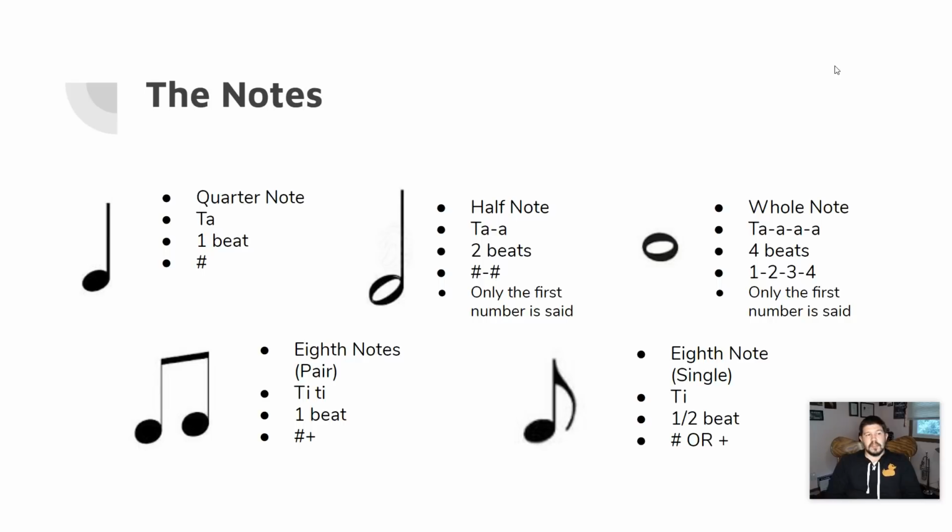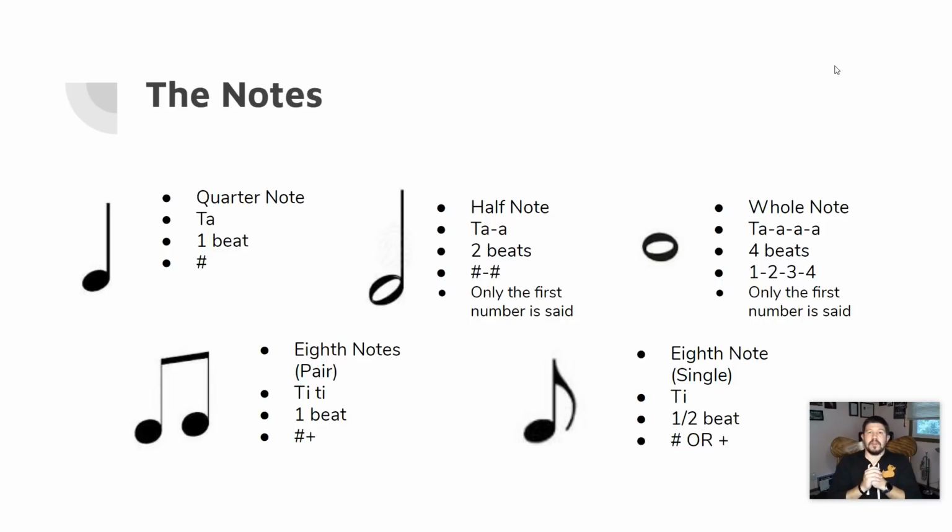Each of the things that you're seeing here is going to be the name of the note, the rhythm syllable that we use, the counting pattern, and the number of beats that it gets. Now please remember, when you see the number signs, what some of you refer to as hashtags, which they're not, they're number signs, the number signs are telling you the variable.